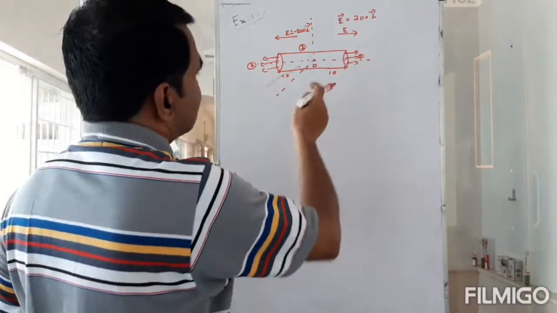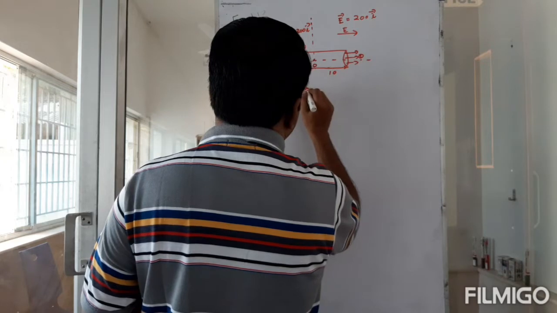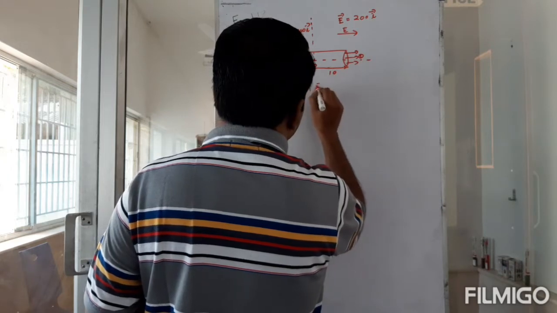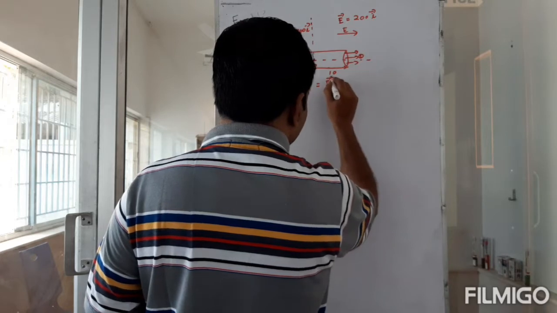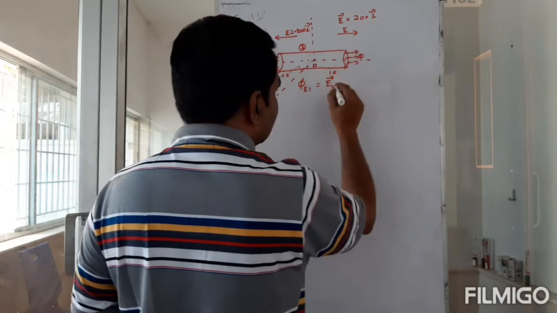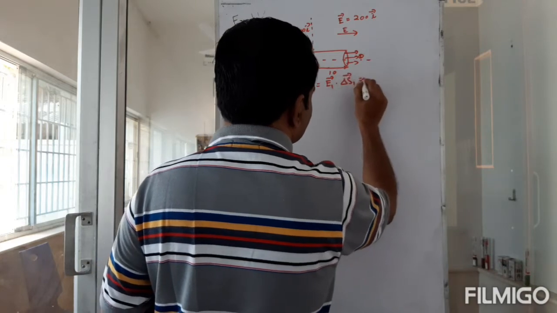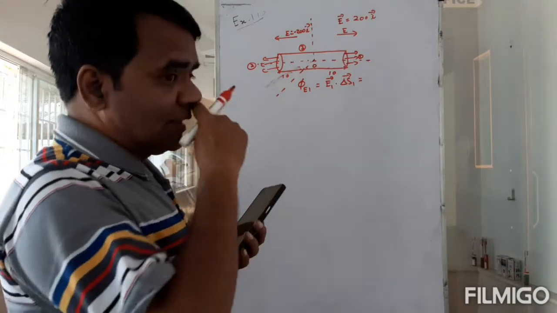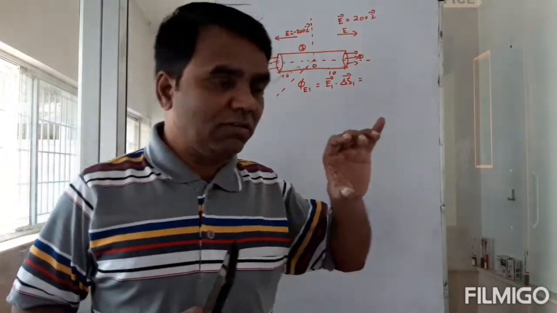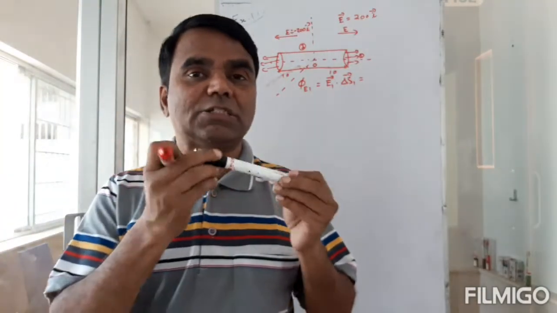Okay, let's see. What is my phi 1? Phi E1, the flux through this, must be equal to E1 in this direction dot delta S1. Now, what is delta S1? Delta S1 is actually this flat area, so that will give me pi r squared.